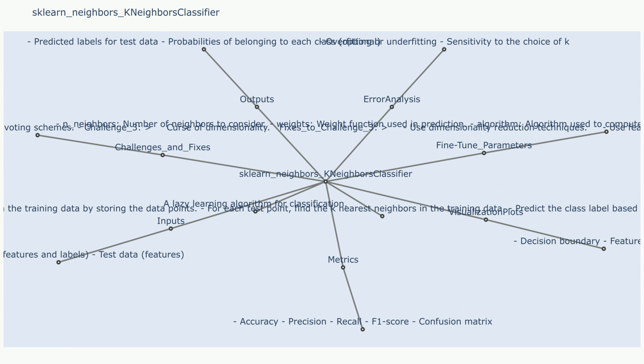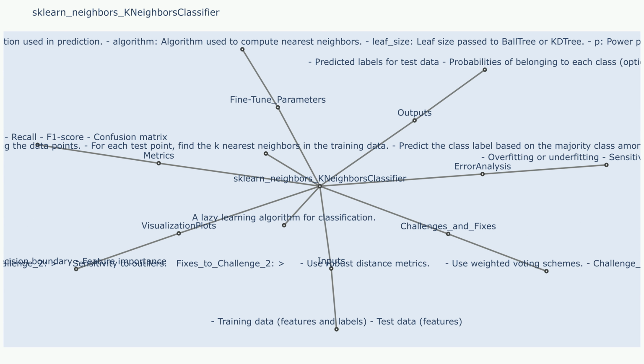Metric, the distance metric used to calculate the distance between data points. Options include Euclidean distance, Manhattan distance, Minkowski distance. Uncertainty methods. Confidence score, the probability of the predicted class, providing a measure of uncertainty.